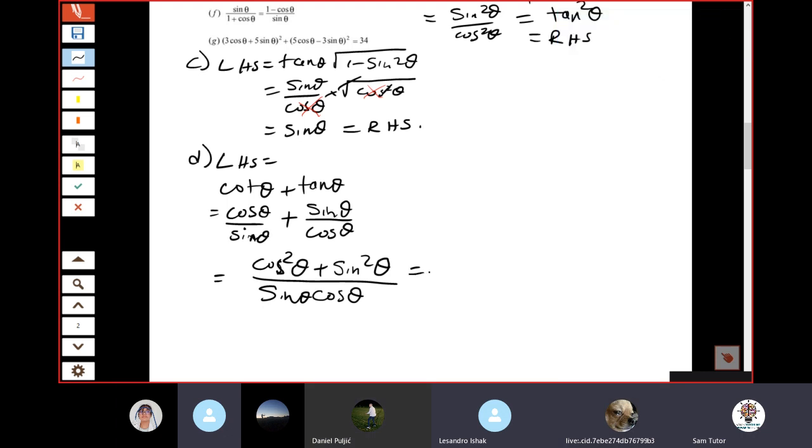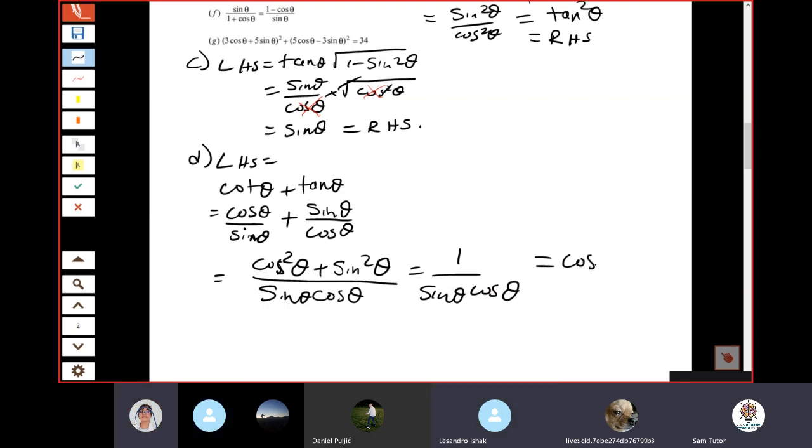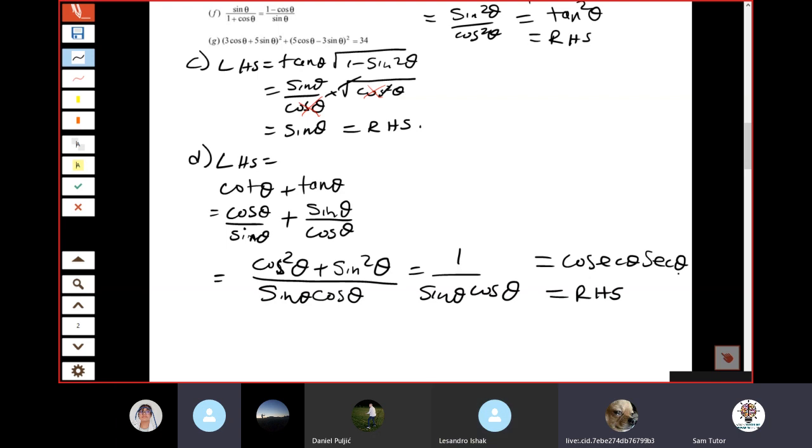All right. Cos squared plus sine squared, what does that become? 1 on sine theta cos theta. And just to finish it off, 1 on sine was, what does 1 on cos become? Cosec? So 1 on sine is cosec, 1 on cos is sec.